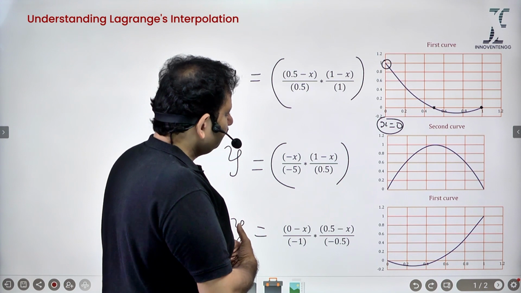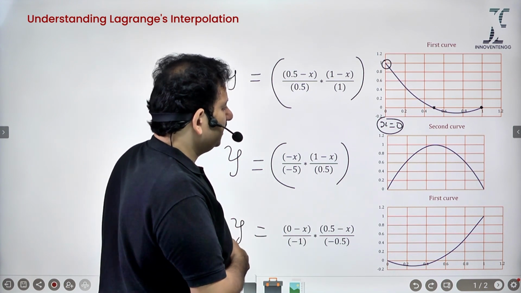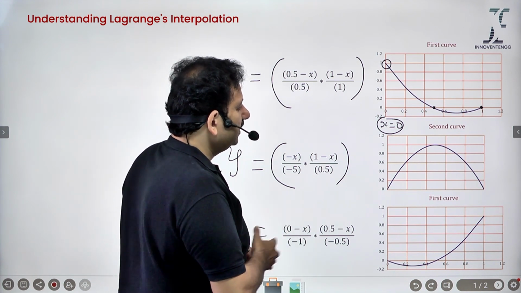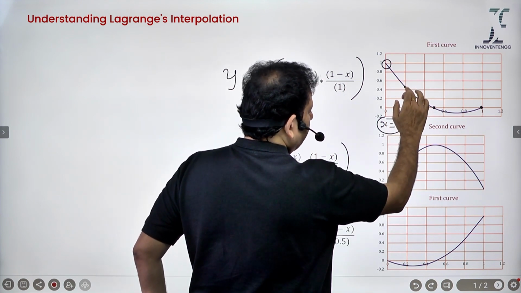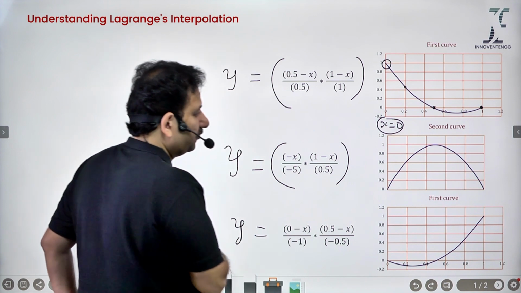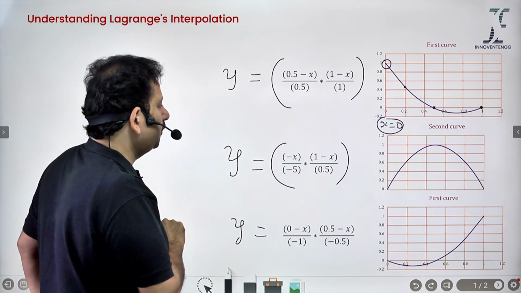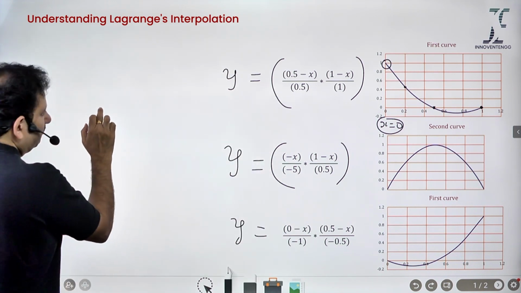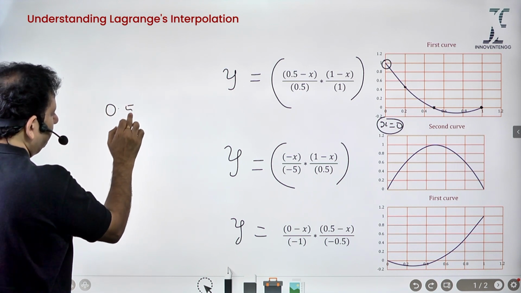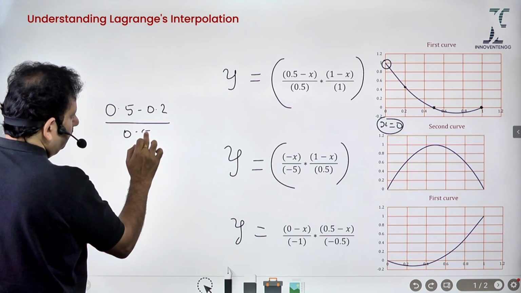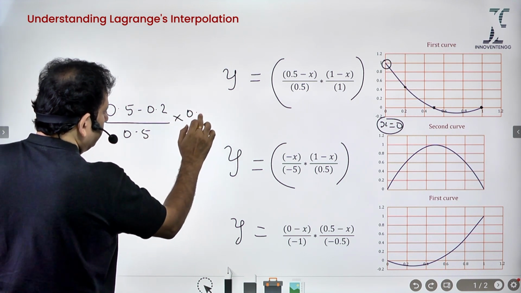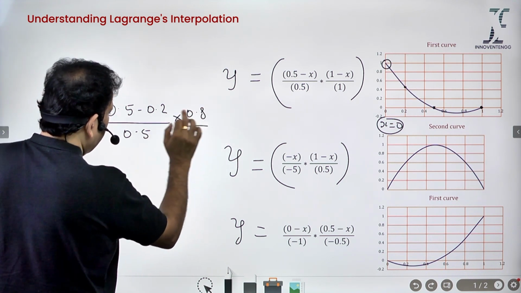Now let's see. You have fitted the curve. You have checked at 3 important points which are actually given. Now let's see whether you get the y ordinate for x equal to 0.2. Let's see what happens if I check for 0.2. So 0.5 minus 0.2 divided by 0.5, and here it is 0.8 divided by 1.